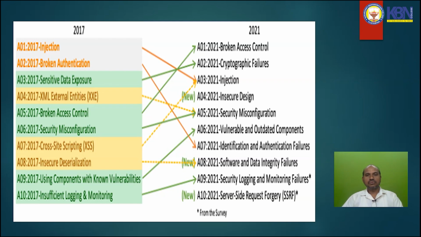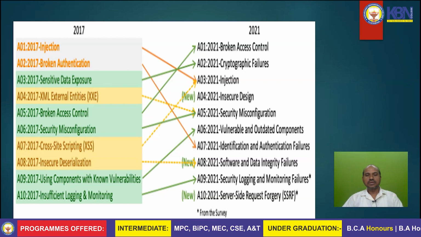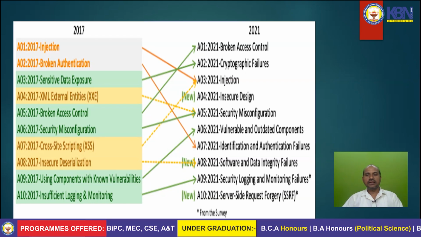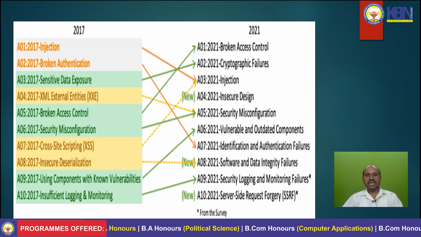Now the OWASP top 10 vulnerabilities have been updated for 2021. First place goes to broken access control, then cryptographic failures, injection, insecure design, security misconfiguration, vulnerable and outdated components, identification and authentication failures, software and data integrity failures, security logging and monitoring failures, and SSRF, that means server-side request forgery.